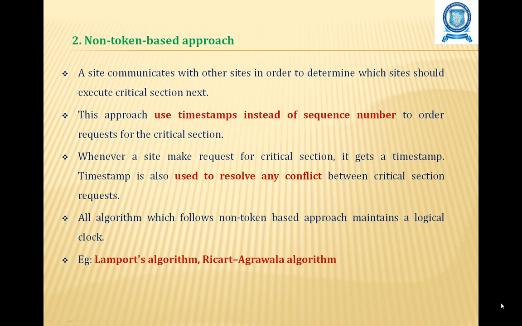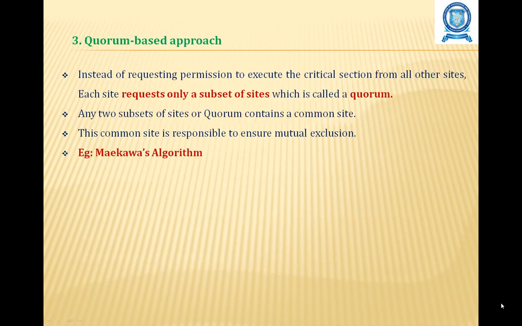Whenever a site makes a request for the critical section, it gets a timestamp. The timestamp is used to resolve any conflict between critical section requests. All algorithms which follow the non-token based approach maintain a logical clock. Examples of this approach are Lamport's algorithm and the Ricart-Agrawala algorithm.